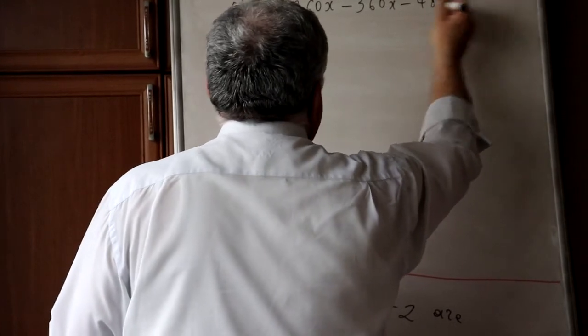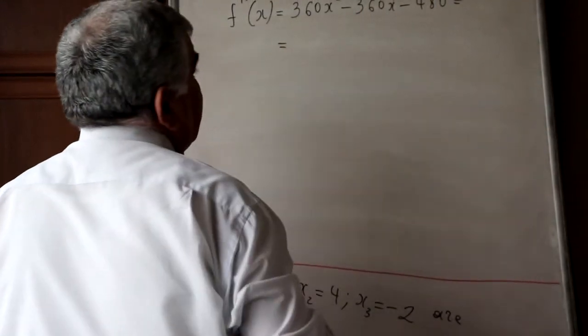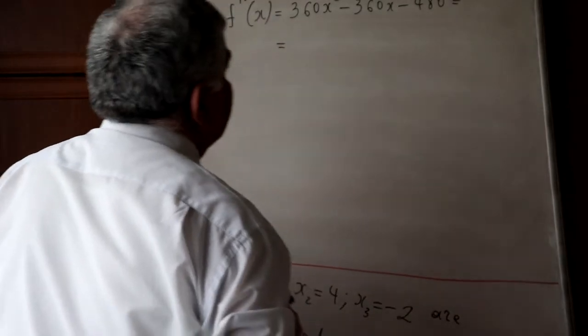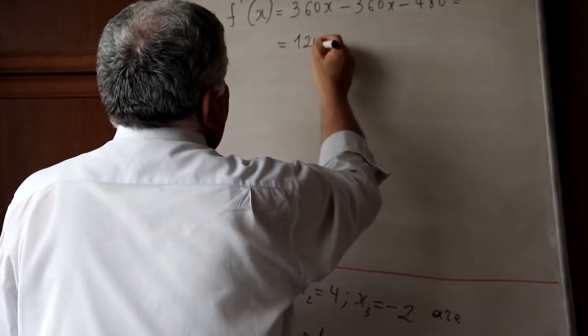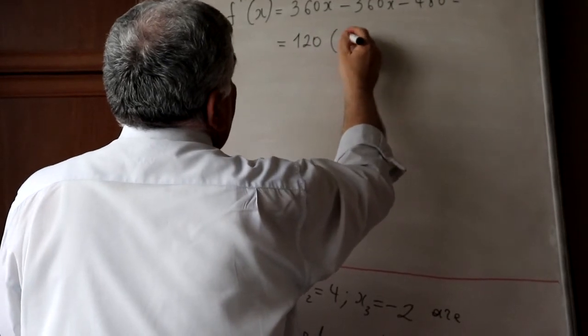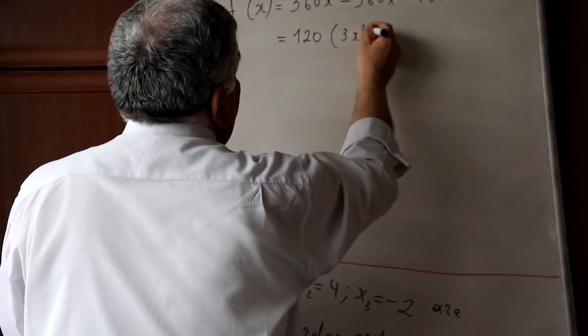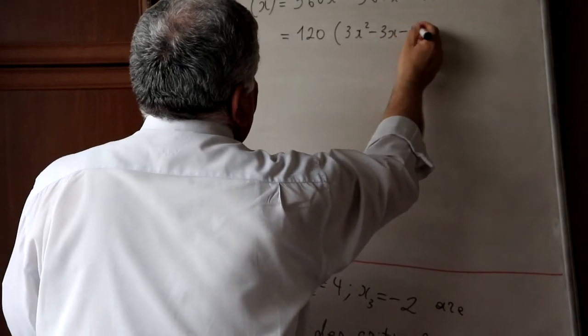Then we can take 120 out of the brackets. 120 multiplied by 3x squared minus 3x minus 4.